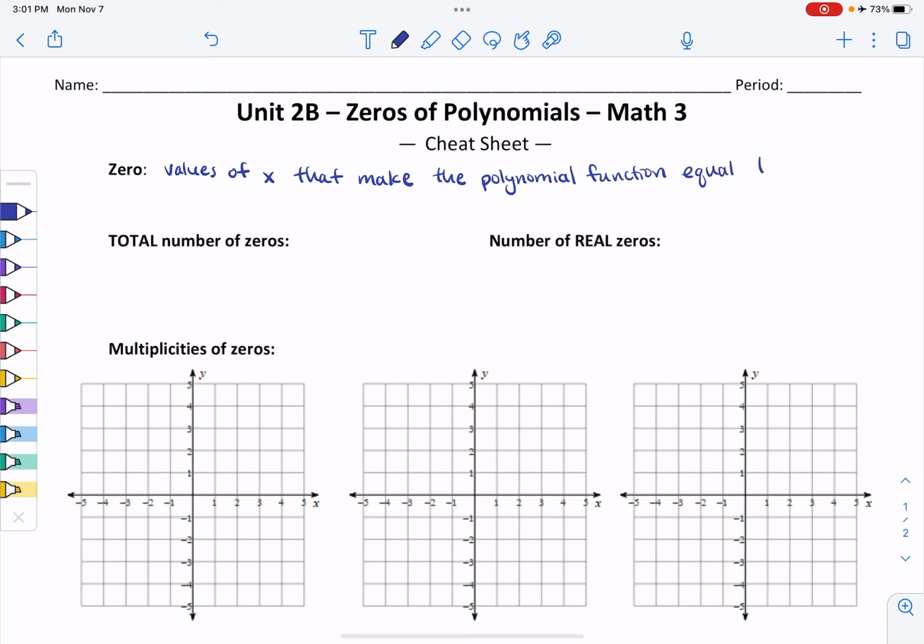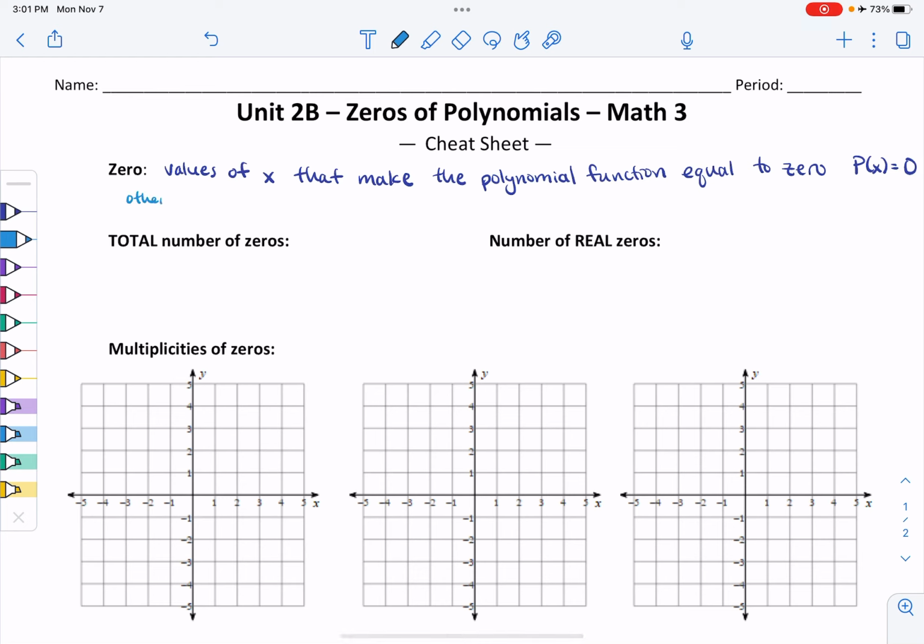All right. So if we have any polynomial function, whatever makes that function equal to 0, that is a zero of that function.